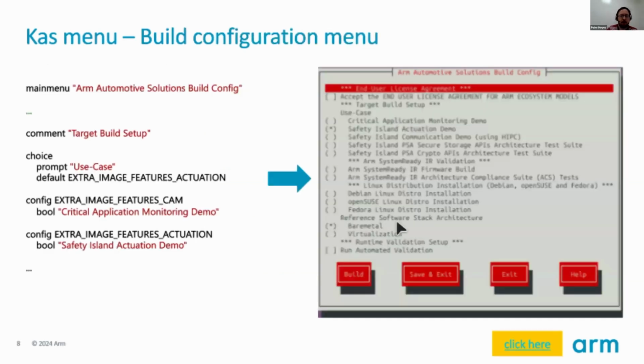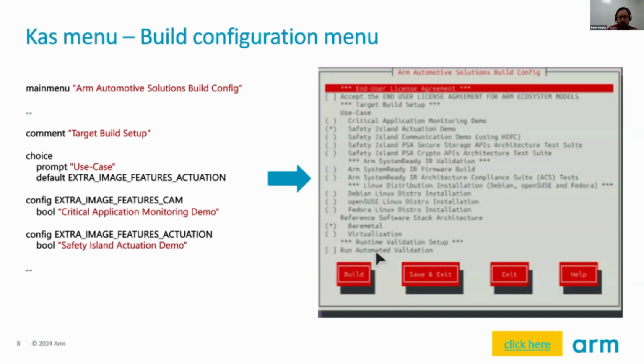So CAS menu is a feature of CAS that is a useful tool that you can use to simplify CAS configuration for end users. It's ideal for a reference stack such as ours, because it presents all of our features in a user-friendly format. And you can see here all of the use cases that you can build, which are presented as different build options.